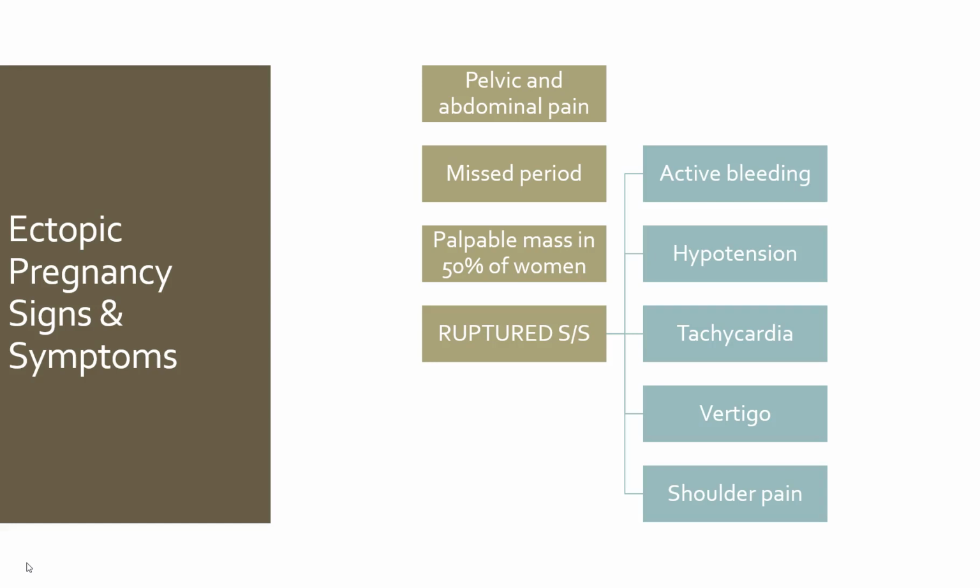In about 50% of the women that present, active bleeding is associated with rupture. Hypotension is also associated with rupture. Tachycardia, vertigo, and then the referred shoulder pain that I mentioned.